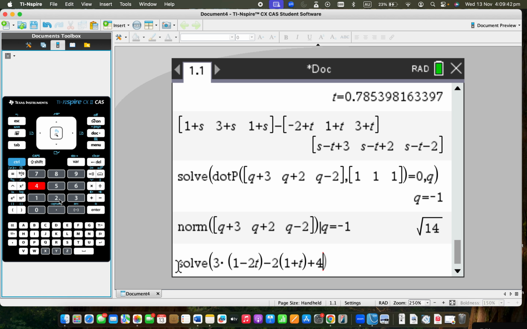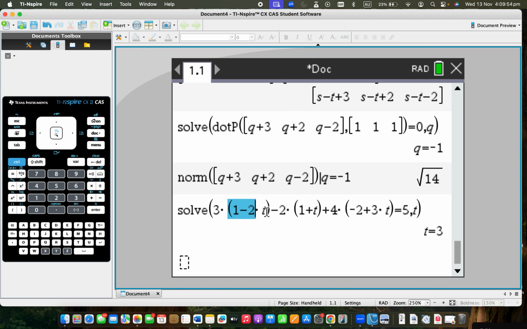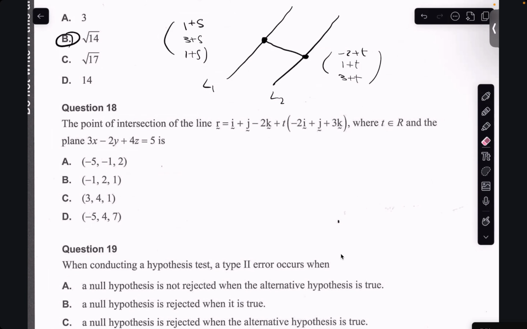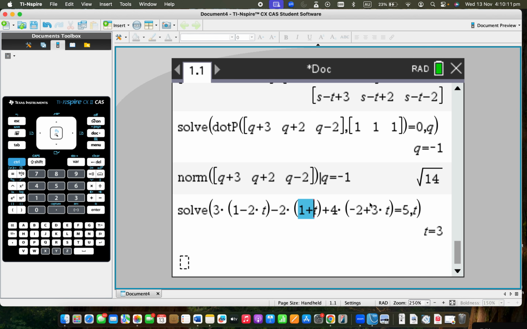Now what's z? z is negative 2 plus 3t, and that should be equal to 5. So t is 3, and so the point is, when t is 3, 1 minus 6 is negative 5. The middle one is 4, so option D, negative 5, 4. And then we can just check the last one, should be 7. Negative 2 plus 9 is 7.